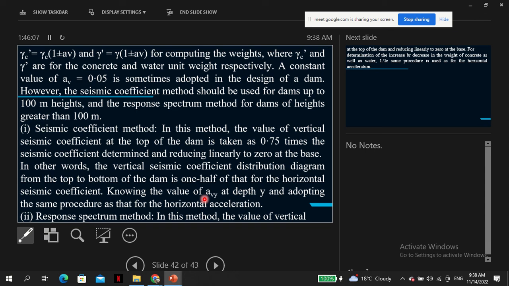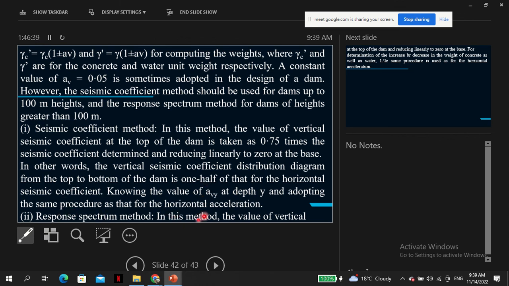In other words, the vertical seismic coefficient distribution from the top to the bottom of the dam is half of the horizontal seismic coefficient. The severity of the vertical acceleration is not as serious in comparison to the horizontal one, so the distribution for the vertical case is about half of the horizontal.